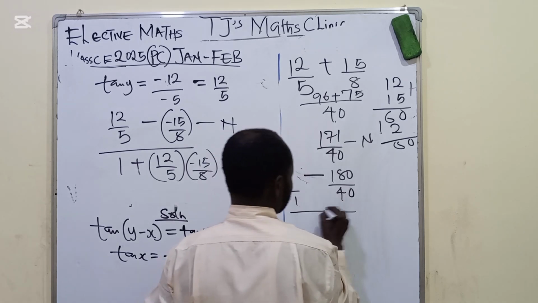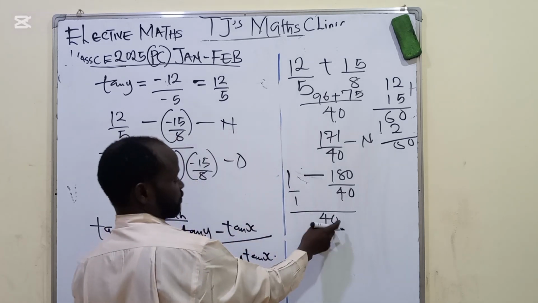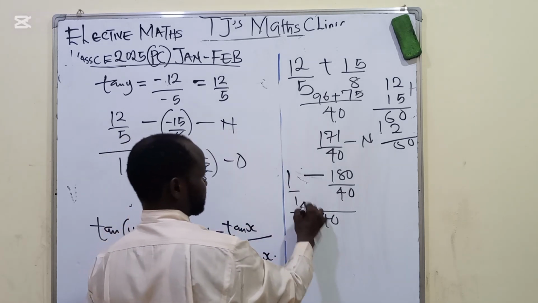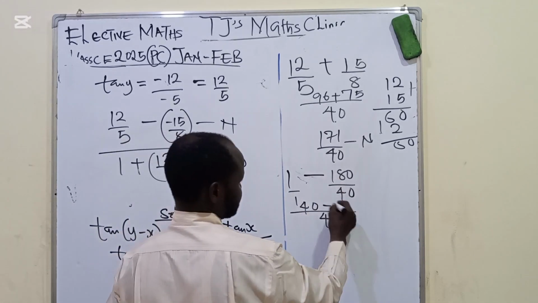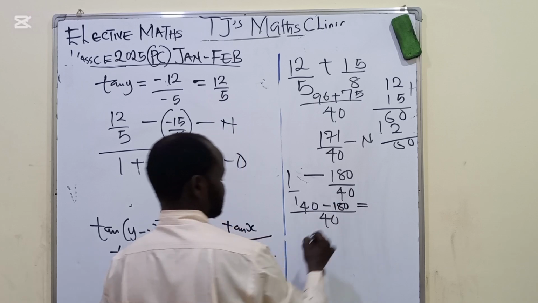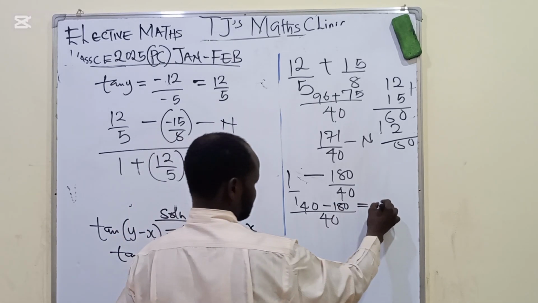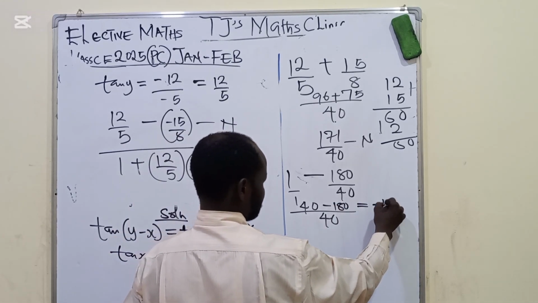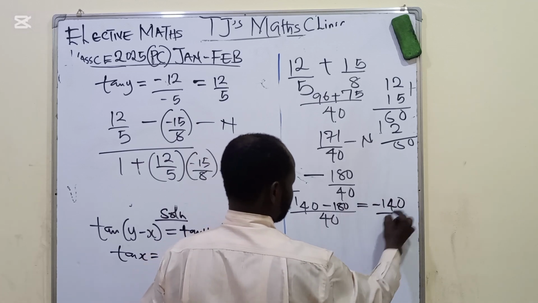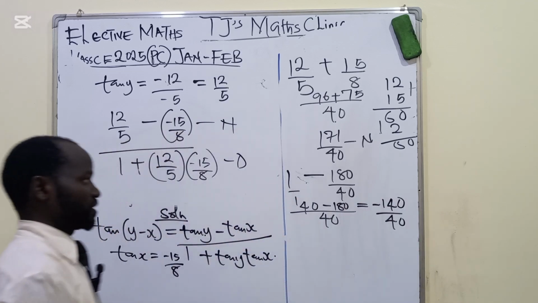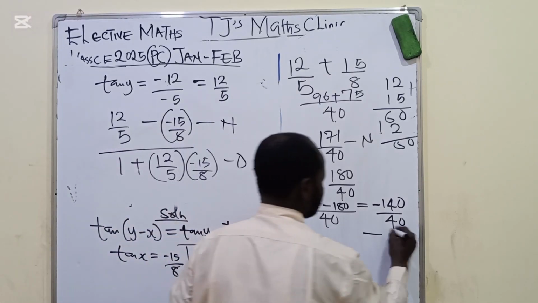The LCM as well will be 40. 1 into 40 is 40 times 1, that's 40, minus 40 into 40 is 1 times 180, that will be 180. 40 minus 180 will be minus 140 divided by 40. Very important. So this is now our denominator.